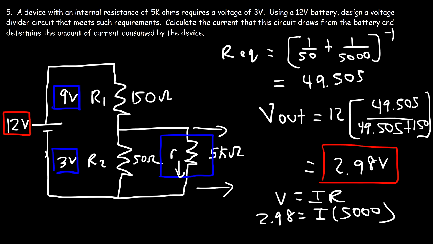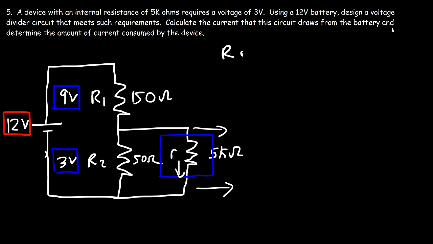Now let's multiply that by 1,000 so that we can convert it to milliamps. So the current that flows in this branch is 0.596 milliamps.